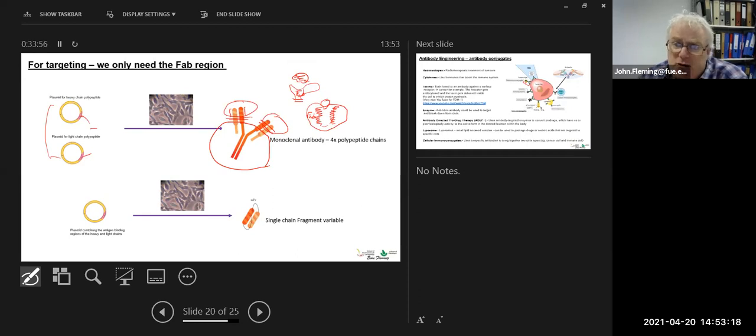But what the companies are doing is they're taking the cDNA that codes for a single fragment, so that when it's transcribed and translated, part of the translated protein has amino acids from the light chain, part has amino acids from the heavy chain, and this is actually sufficient to recognize and bind to a particular antigen target. And there are some instances where this is preferable compared to production of the entire monoclonal antibody.